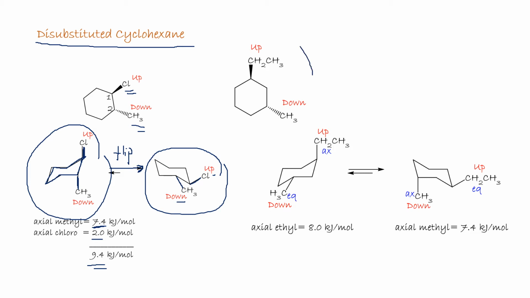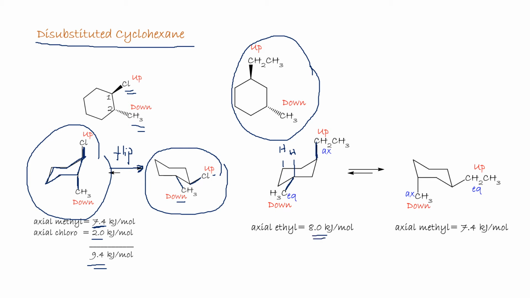Let's apply it to this molecule. We have CH3 up and CH2CH3 down, so in that chair form, up will be axial, down will be equatorial, and we will have ethyl 1,3 diaxial. Looking back to the table, you will find it 8 kilojoule.